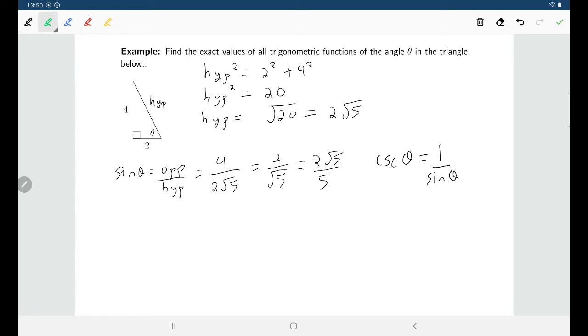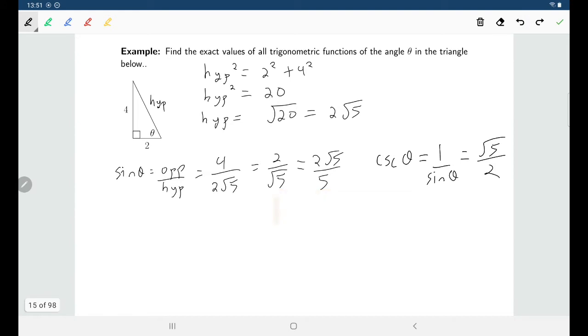And so if I remember that, I could say cosecant of theta is the reciprocal of this, or actually more usefully, the reciprocal of this. The reciprocal of 2 over root 5 would be root 5 over 2. And there we go. That is in simplest terms. I chose to use this one because once I took the reciprocal, it was already in simplest terms.